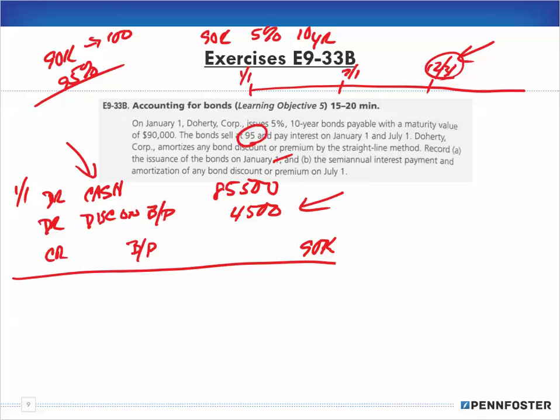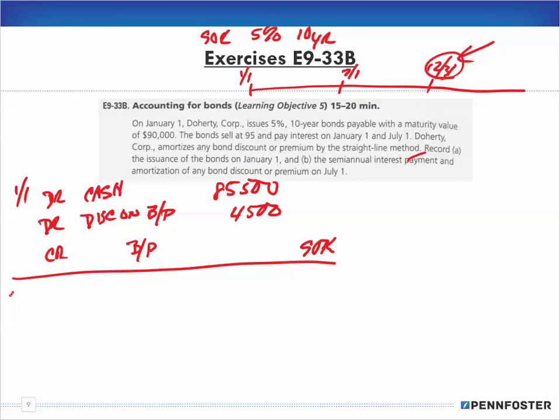If you didn't understand that, go back and watch the theory videos. Now it says B, the semi-annual interest payment and amortization of the bond discount.